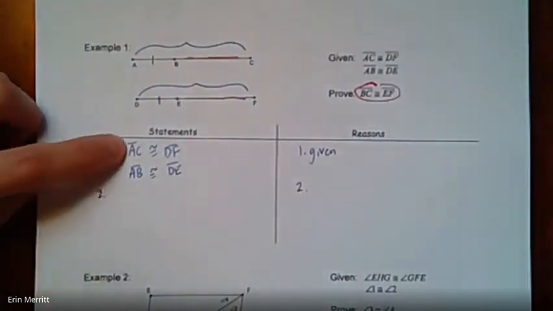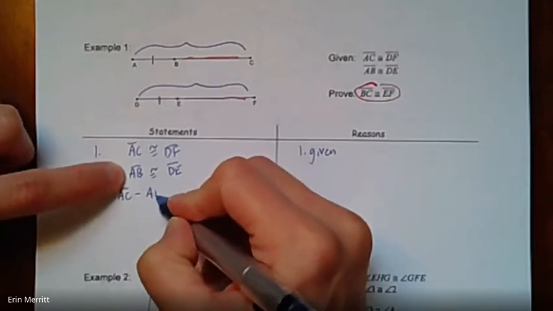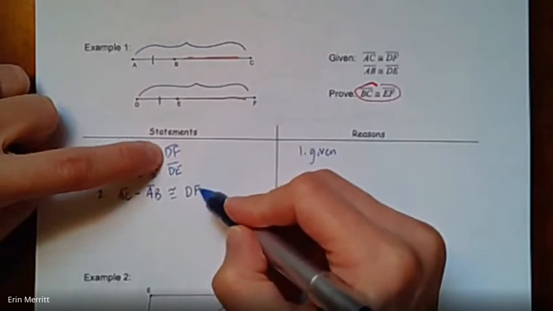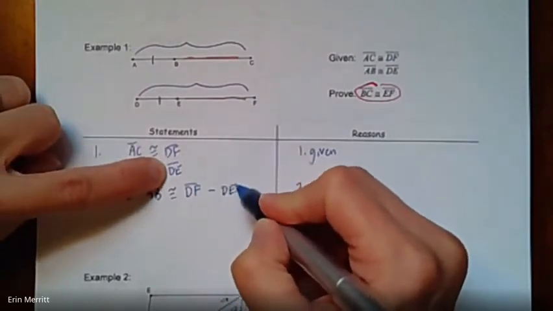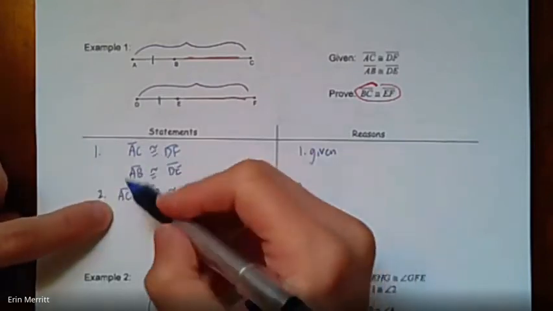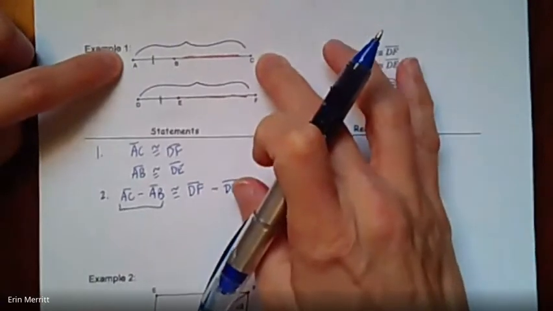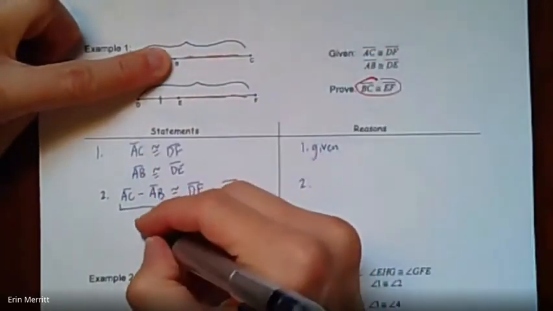So take the whole segment, that's AC, minus the part AB. That should be equal to, if I take the whole segment here, DF, minus the little part, DE. And then here's the other part. So when I rename it, AC minus AB, I'm left with BC right here.